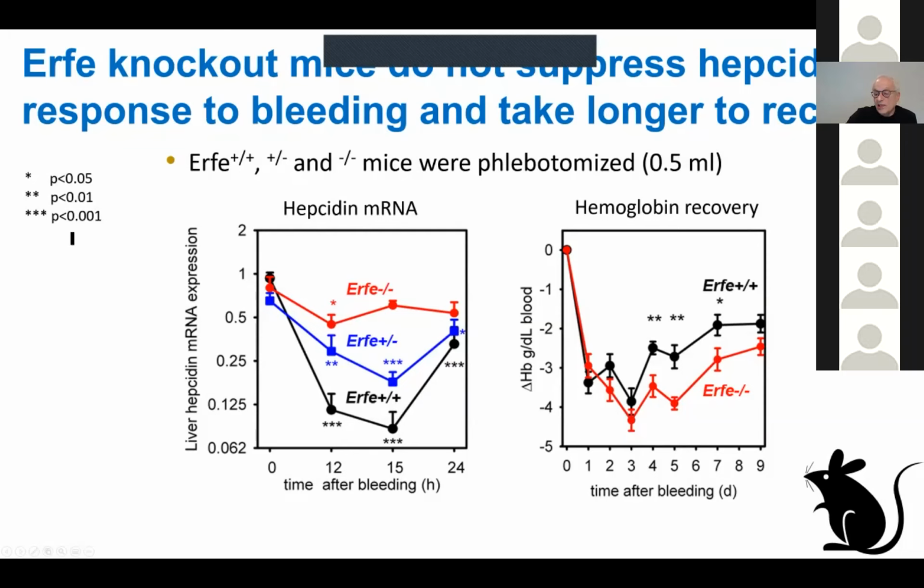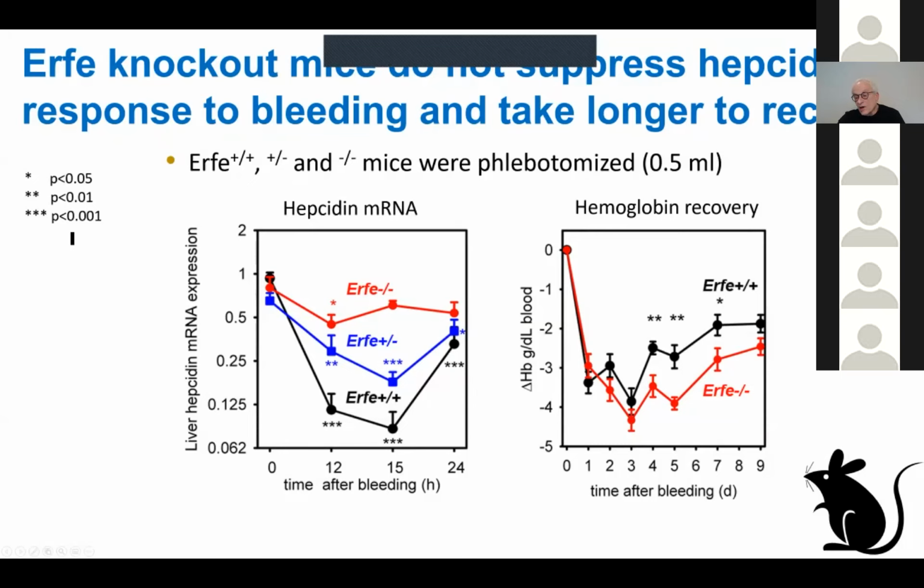And importantly, if you take these mice and bleed them, the knockout mice take longer to recover from the effects of bleeding. So the wild-type mice are bled down to a hemoglobin that's 4 points below the baseline, and they largely recover, or substantially recover, by 9 days.